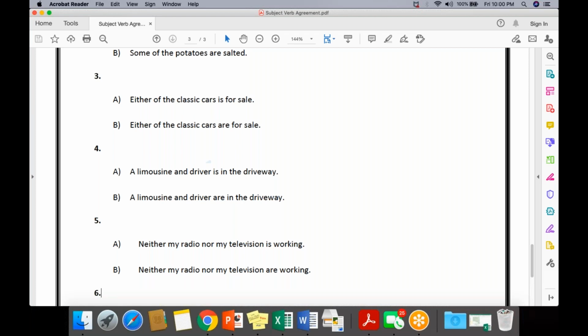Whenever I am using the word either, I will have to go with the verb which is in coordination with the subject closer to it, which is cars in this case. I will go for plural. Okay, Pratap? Question number 5 is option number A.